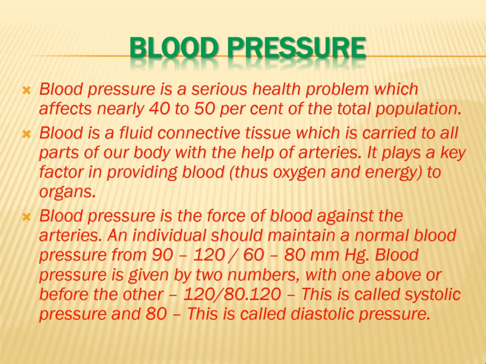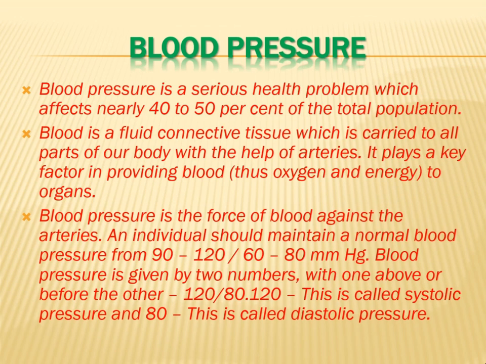High blood pressure is also not good. It would cause more problems in our body. A person who has high blood pressure would get angry at small situations, and would need cool temperatures to live in. So these are the problems with high and low blood pressure.